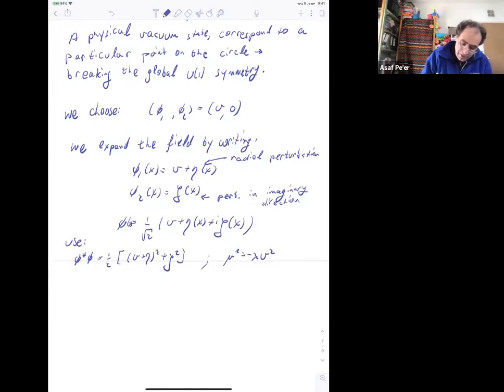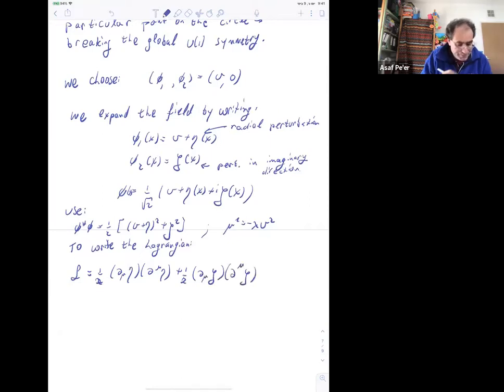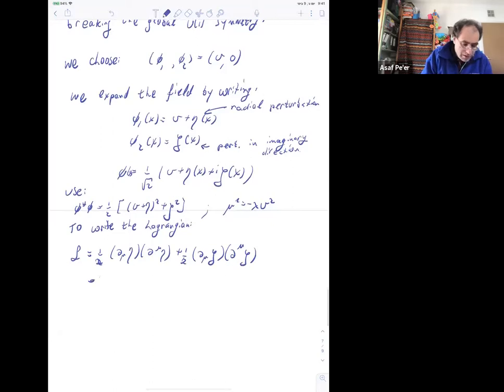And then we write the Lagrangian L to be 1/2 (d mu eta) squared plus 1/2 (d mu psi) squared minus lambda V squared eta squared minus V interaction of eta and psi.